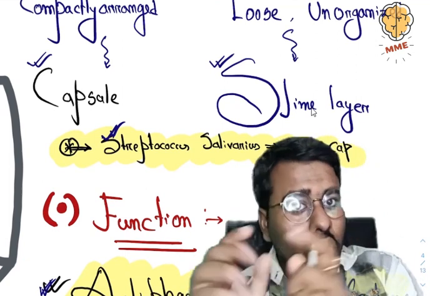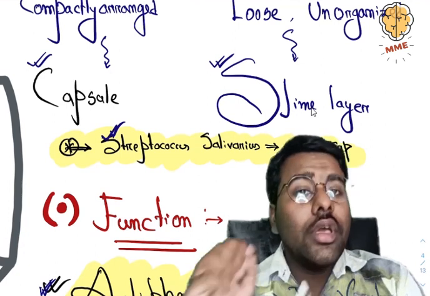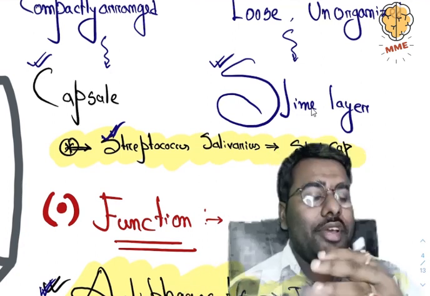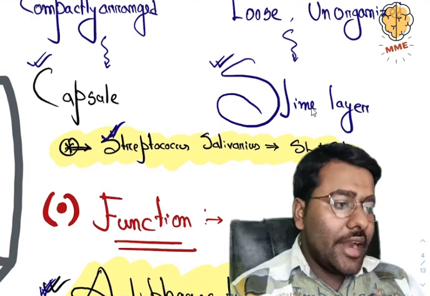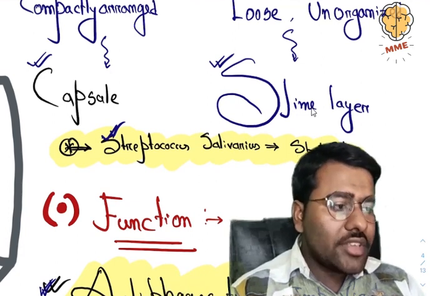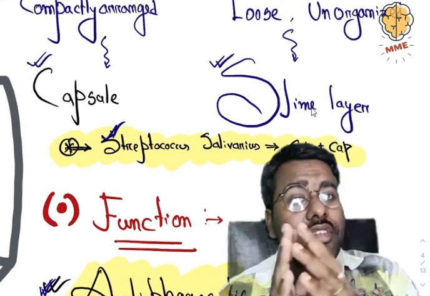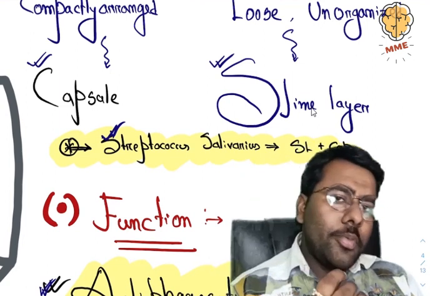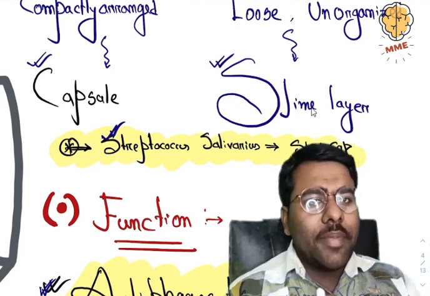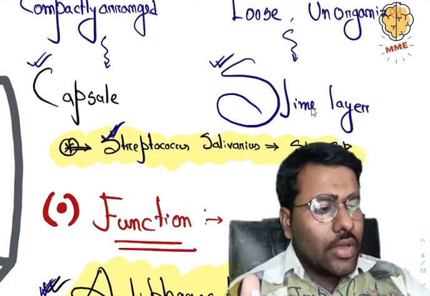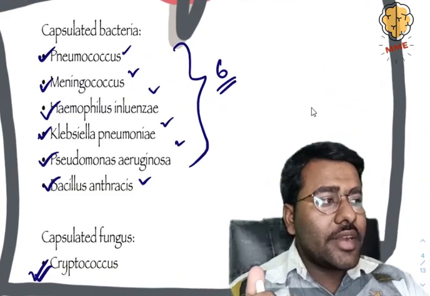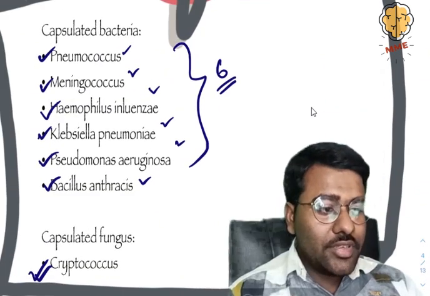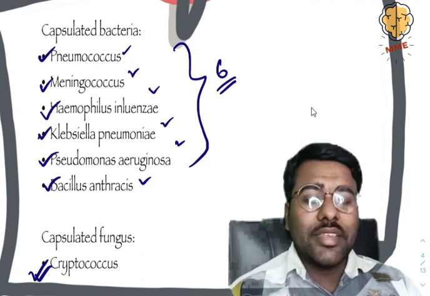Compactly arranged capsule: CC, compactly arranged capsule. Slime layer: smooth or loose slime layer. But there is one bacterium, Streptococcus salivarius, which contains both capsule and slime layers. You have to remember the names of the bacteria which contain capsules. Don't forget, these six bacteria mainly contain capsules: Pneumococcus, meningococcus, Haemophilus, Klebsiella, Pseudomonas and Bacillus anthracis.